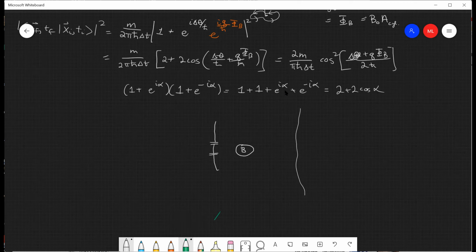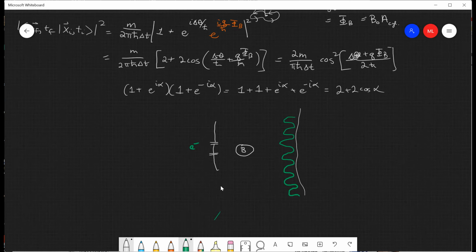If there's no field, we know that we get a two-slit interference pattern on the screen. If you're shooting electrons through here, they'll hit the screen with some probability that gives you these interference fringes.